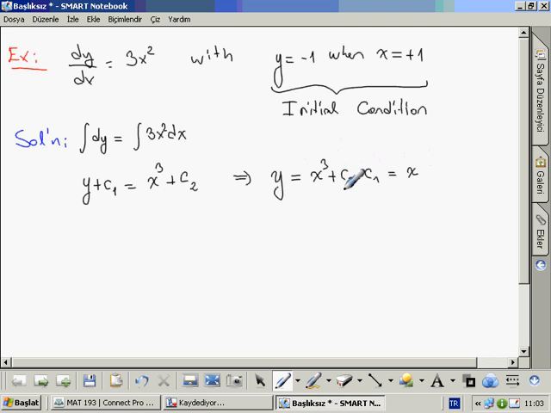Also it can be written x cubed plus c. This is the general solution, and that means, let me sketch it on the Cartesian coordinate system.